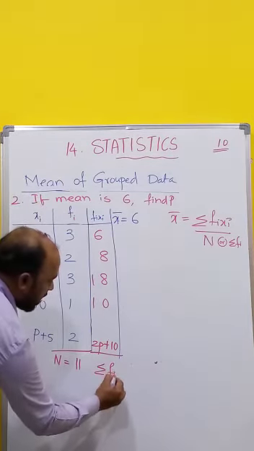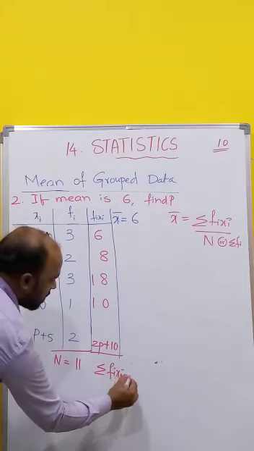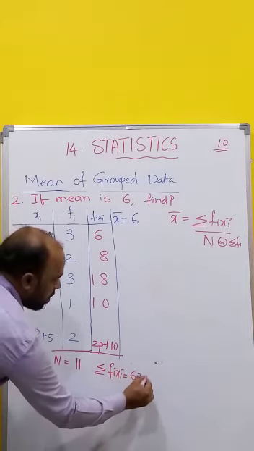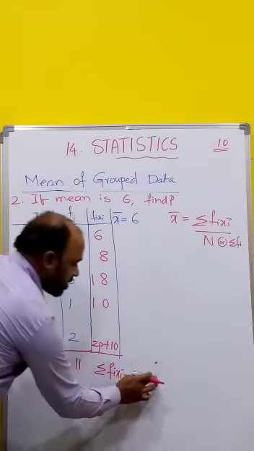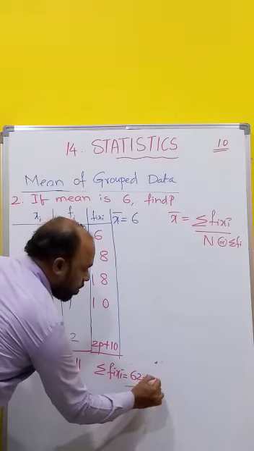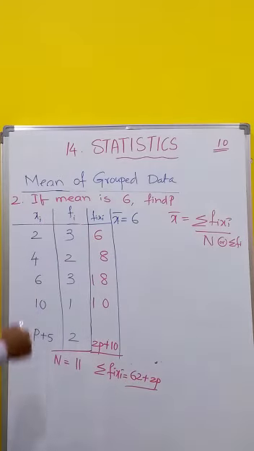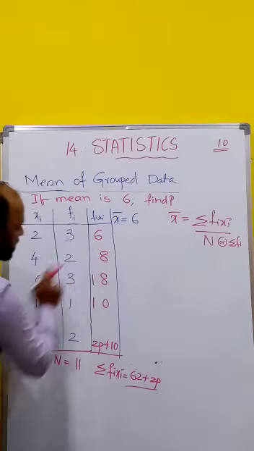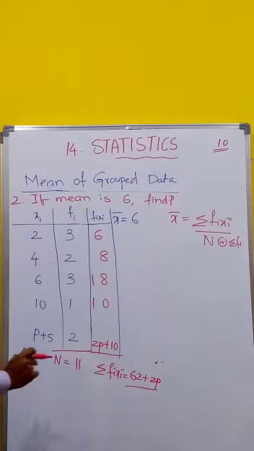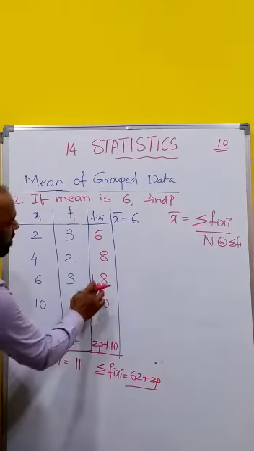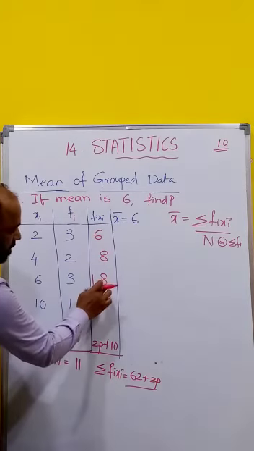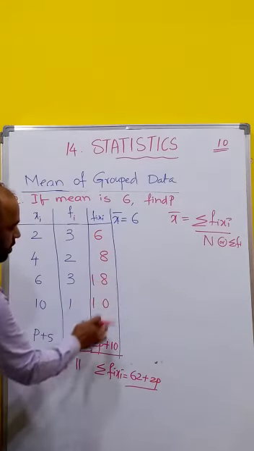Sigma fi xi is equal to 62 plus 2p. Just I will add again, we'll check. 6 plus 8, 14, 14 plus 18, 32, 42, 52.